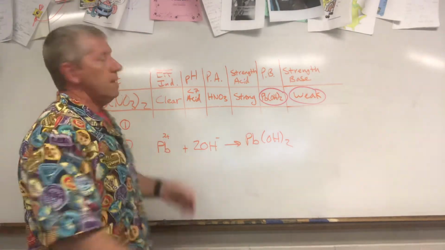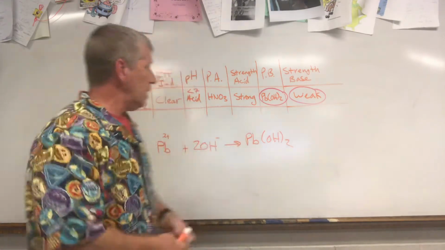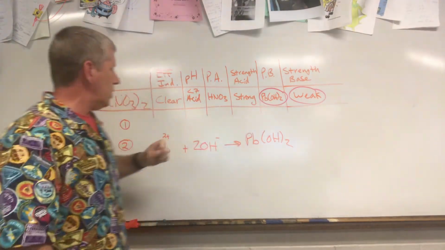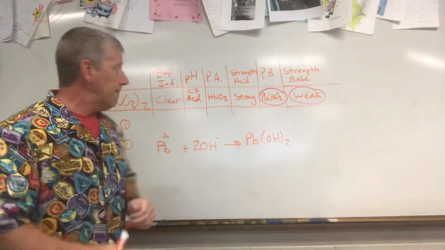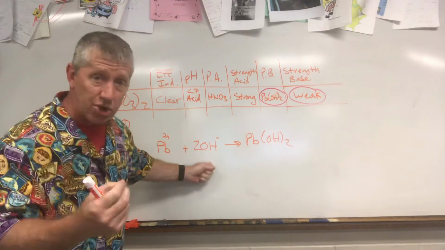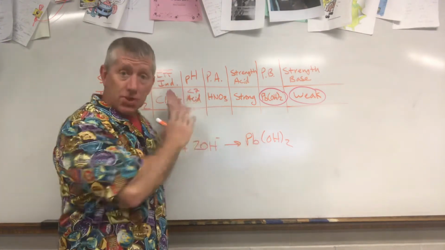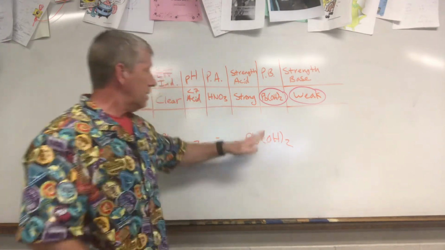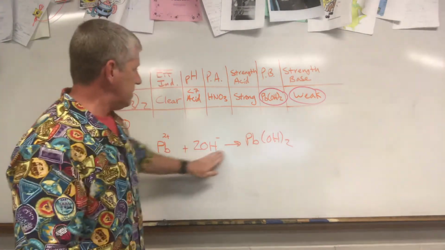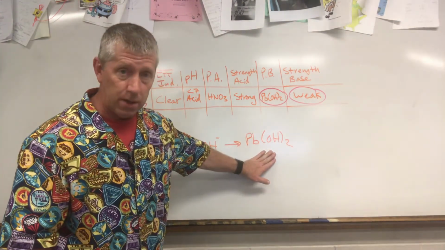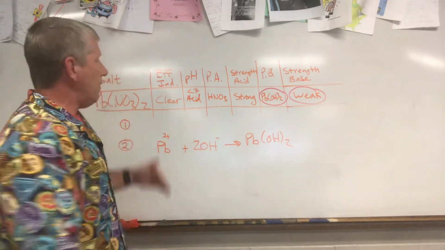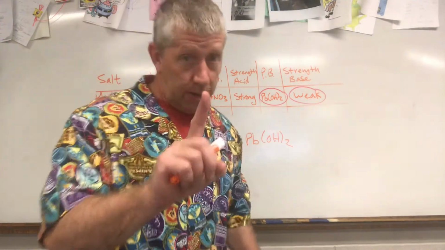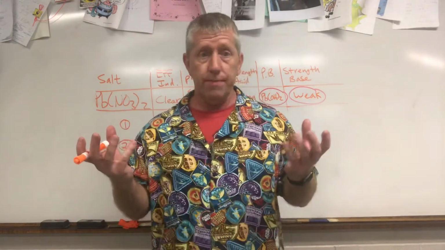The weak sticks together, and the weak is this. So what you do is write the net ionic equation. That simply means the equation that shows the formation of the thing in that salt which is weak. Write its formation equation using the ions. That's what I do. Every one of these, except for one, where you have two strongs.